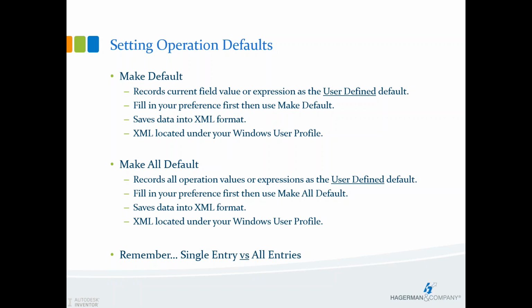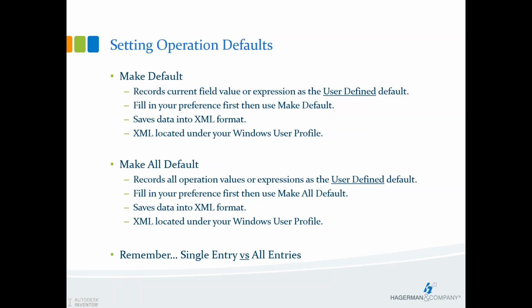Those defaults are saved into an XML format. I'm going to show you behind the scenes as to where all this is getting stored. It is located underneath your user Windows profile. With that being said, each individual user of HSM can have their own specific defaults. So your defaults may be different from your buddy sitting across the hall from you.